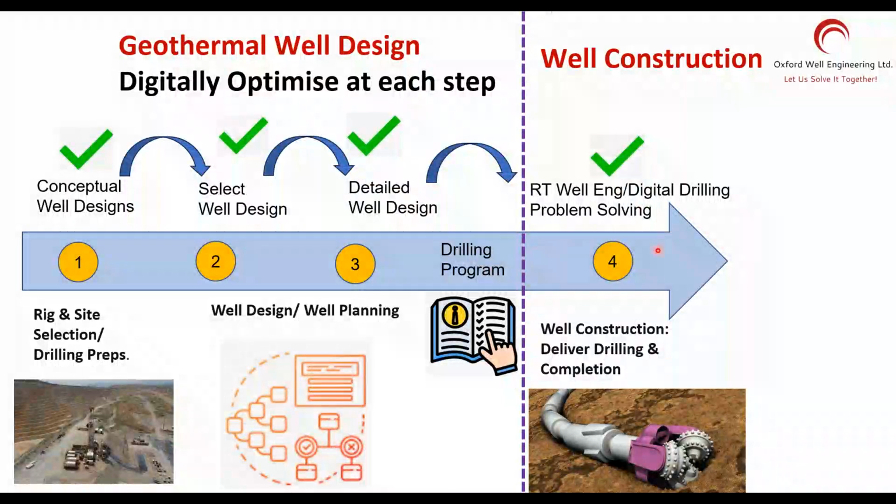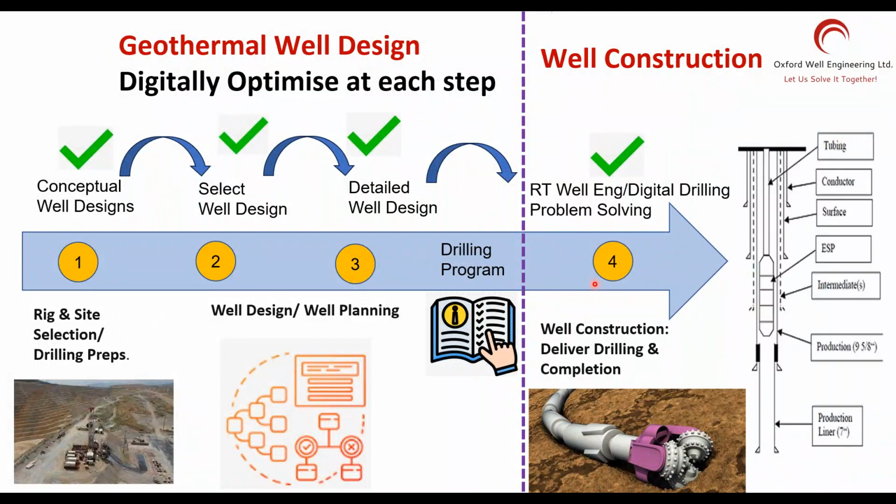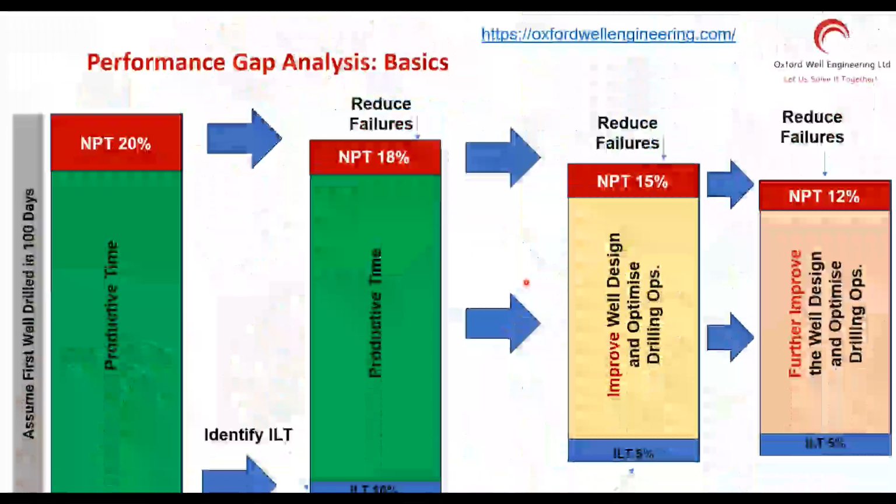Okay. Needless to say, let's come back to the well and another busy slide. I have to show you this one because this is actually the most important slide. If you are trying to reduce the cost, you have to understand this.